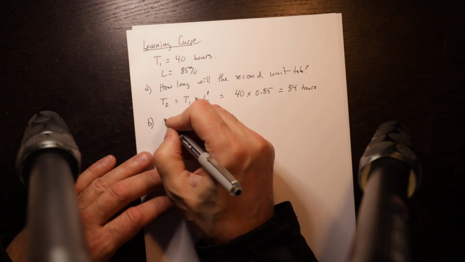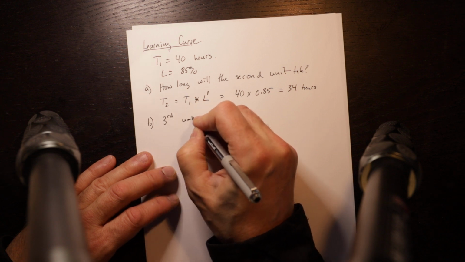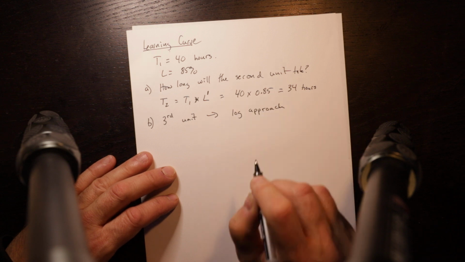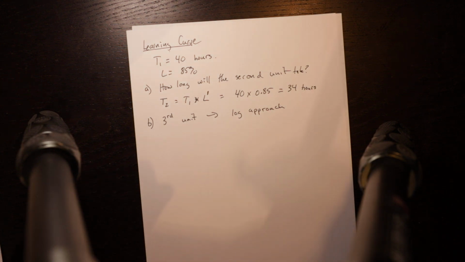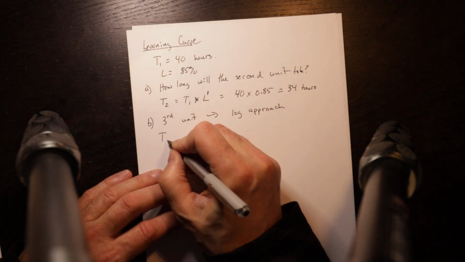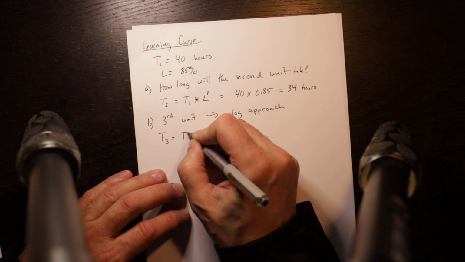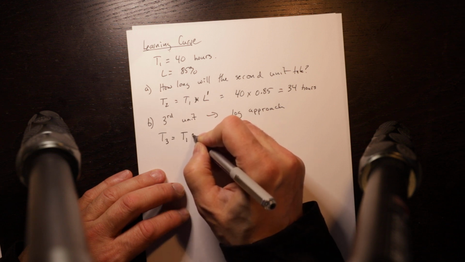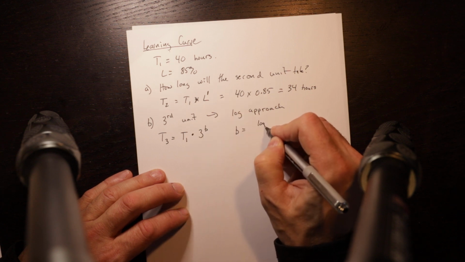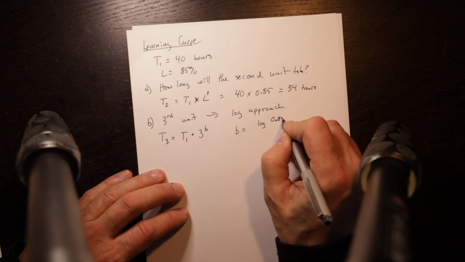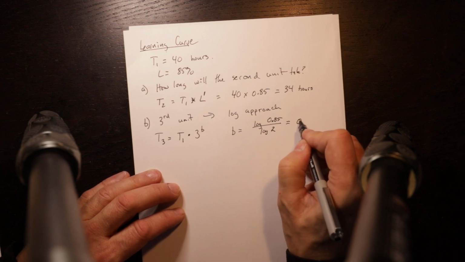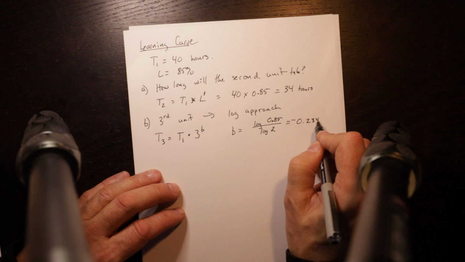Third unit, we're going to have to use the log approach or the coefficient approach, because it's not on that regular path for doubling, so we can't use the arithmetic approach. So we've got T3 is equal to T1 times 3 to the b, where b is equal to the log of the learning rate divided by the log of 2, which is equal to negative 0.2345.